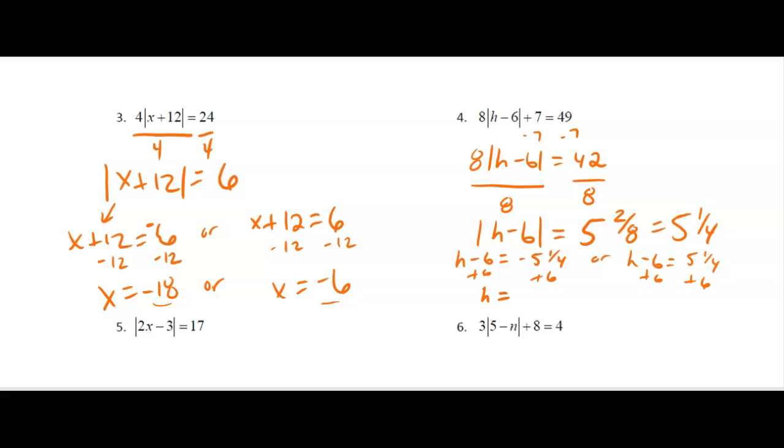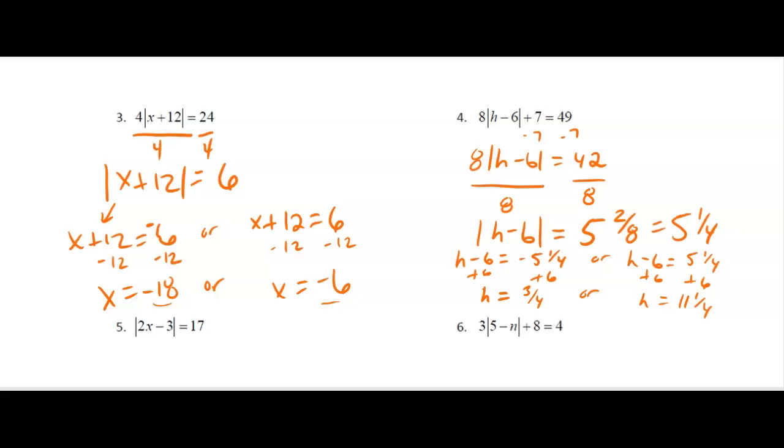So h equals, I'm at -5 1/4, so I could put this on my calculator if I needed to. -5.25 plus 6. You're going to get your 0.75 or 3/4 if I'm sticking with fractions. Over here, my h equals 11 1/4.